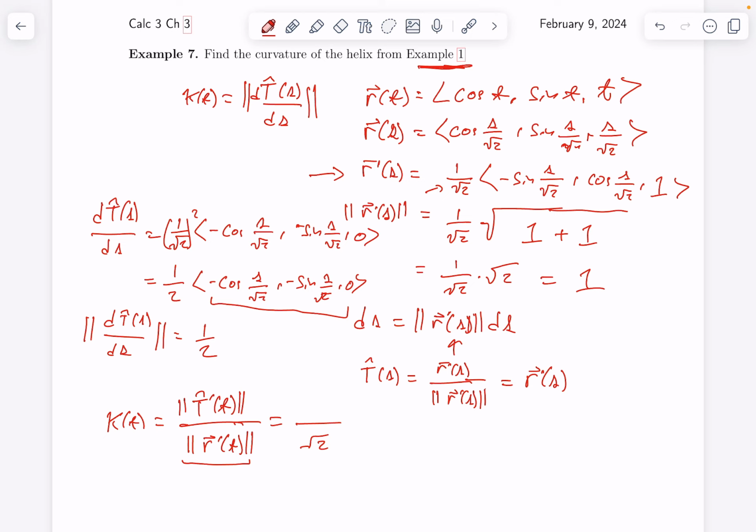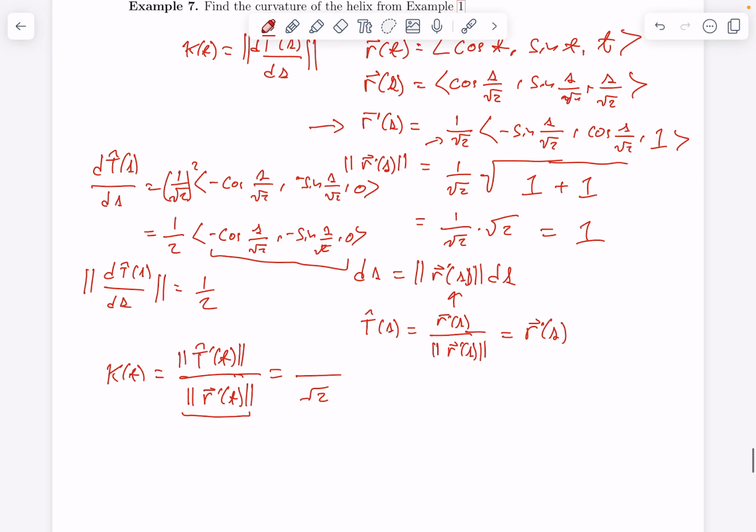Now we've got to take the derivative of my unit tangent with respect to t. So r prime with respect to t is going to be minus sine t, cosine t, 1. Notice it's with respect to t now, so that's a little easier. Its magnitude we already know to be square root 2.